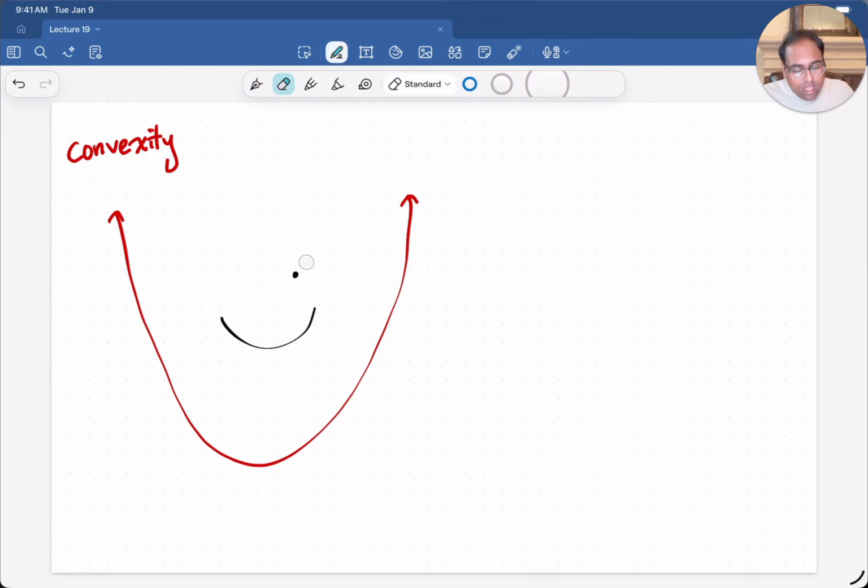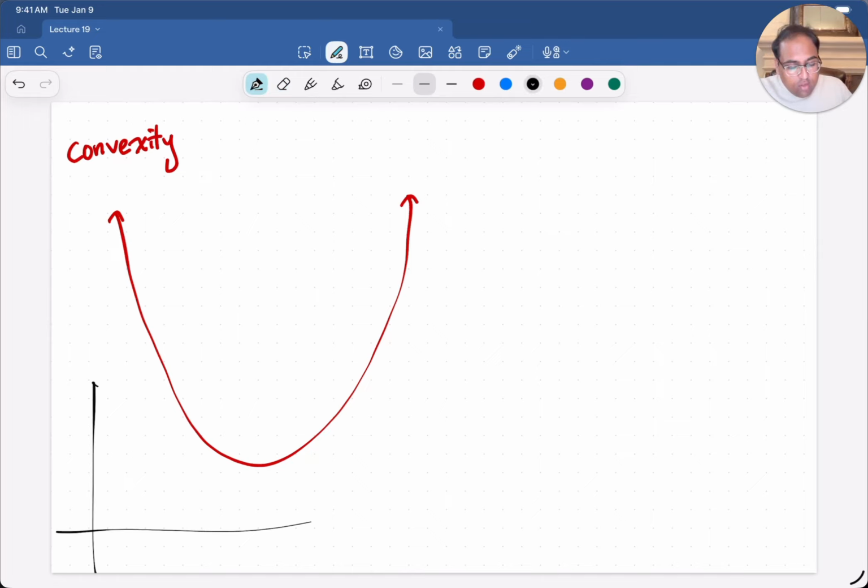But the slightly more linear algebraic approach we're going to take here is that a function is convex if you can pick any 2 points in its domain, say we take this point x, this point y, and you connect the dots between the function at those 2 points. So this is maybe f of x, and this is f of y.